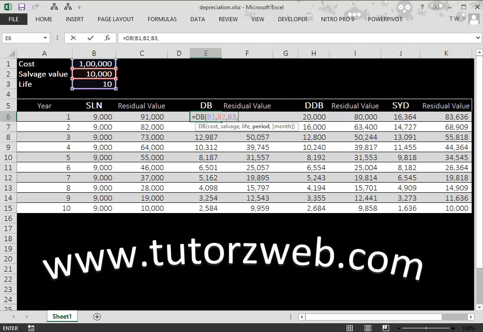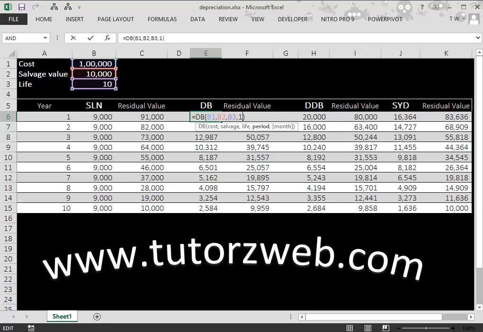Period is the period we want to see. Example, if we want to see depreciation for the second year, it comes to 16,356. Say I want it for the first year, I get 20,600.